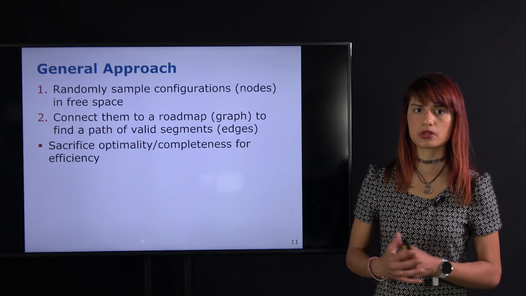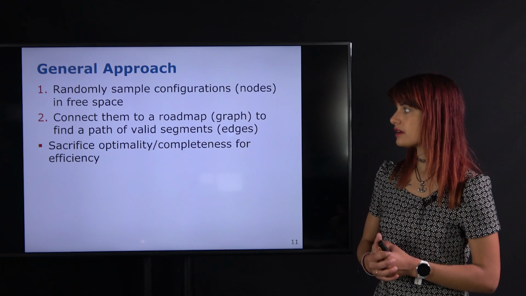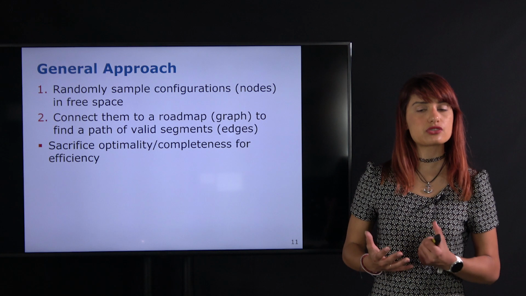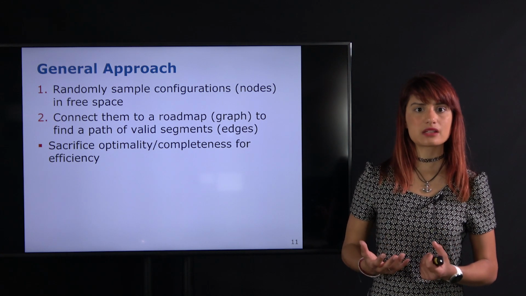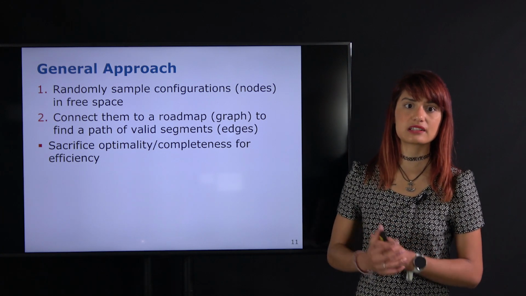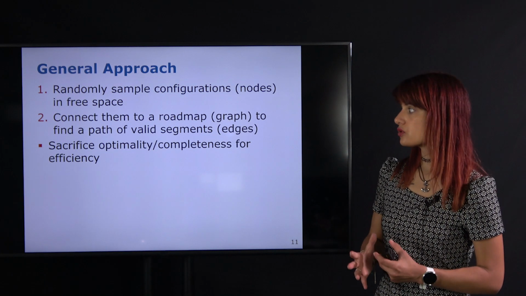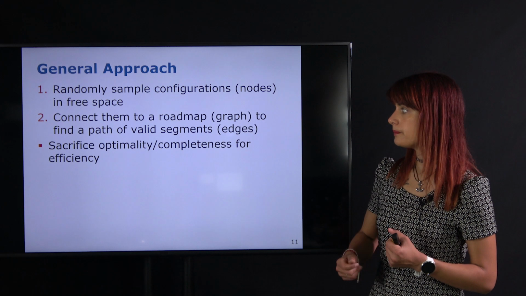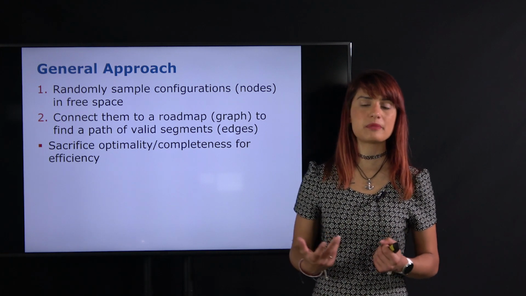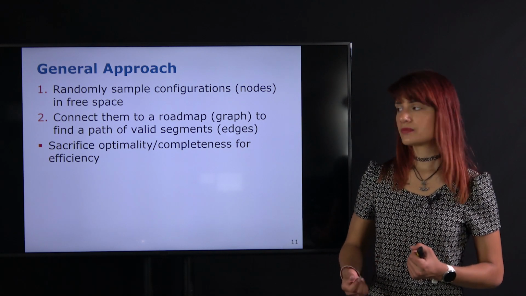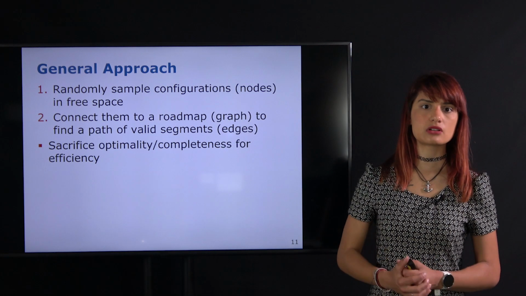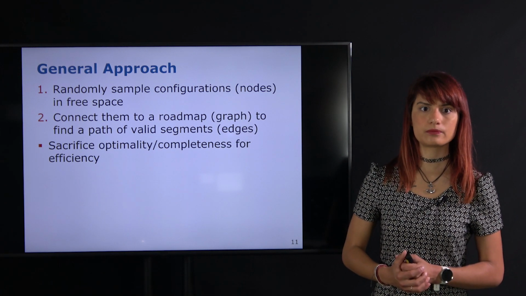And this is the main motivation behind Monte Carlo techniques, which try to solve a deterministic problem using stochastic sampling when it's very complex. So we try to look at a simpler problem, and we give up some of that optimality and completeness in order to obtain computational efficiency with sampling.